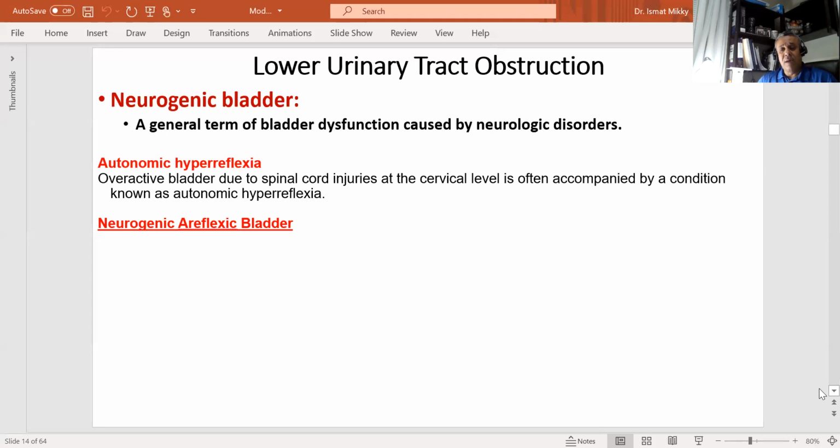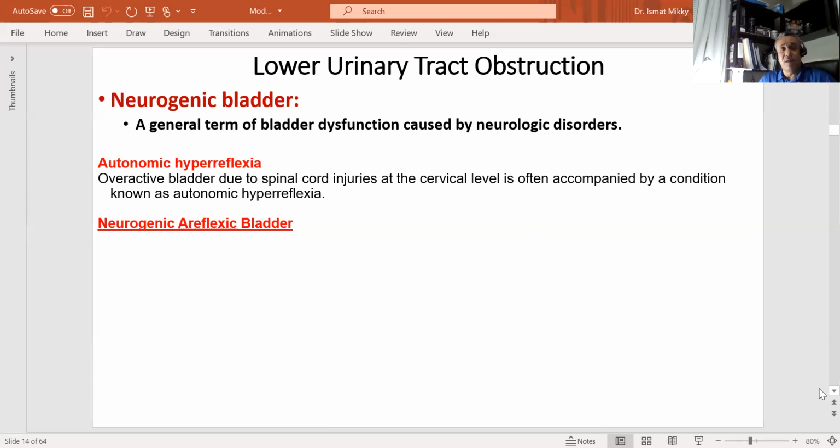The types of these neurologic dysfunctions are related to the site in the nervous system that controls sensory and motor bladder function, and usually result from the obstruction. And there are different types.